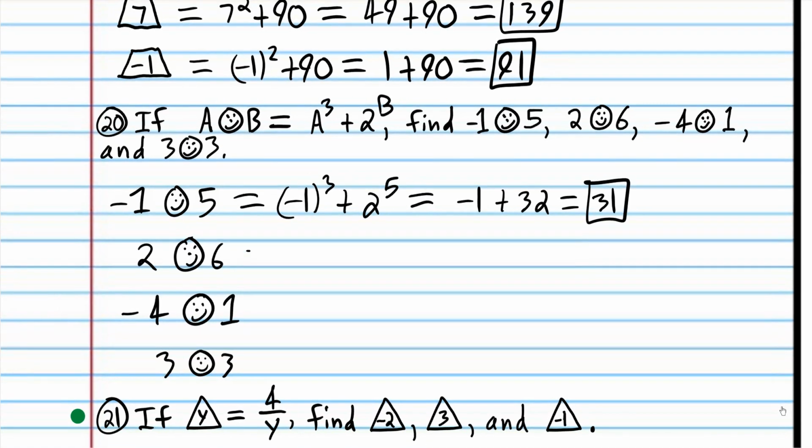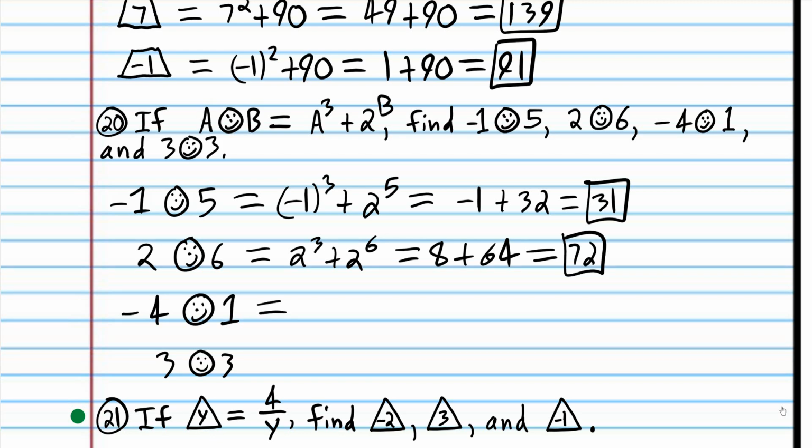Alright, so now let's find 2 smiley face 6. So that would be 2 cubed plus 2 to the 6th power. So 8 plus 64, which is 72. Negative 4 smiley face 1 is negative 4 cubed plus 2 to the 1st power.